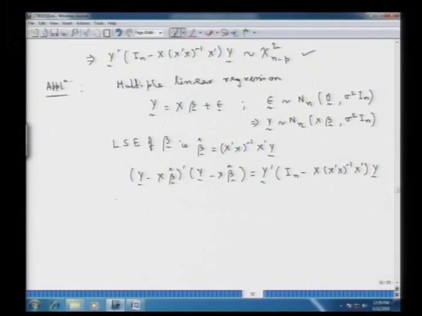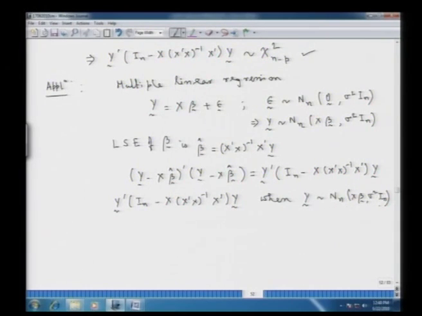Now with just a bit of caution, we are looking at y transpose In minus X, X transpose X inverse X transpose y, when y follows an n-dimensional multivariate normal with mean vector X beta and covariance matrix sigma square In.